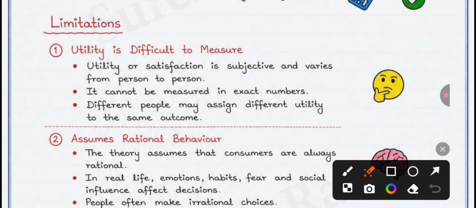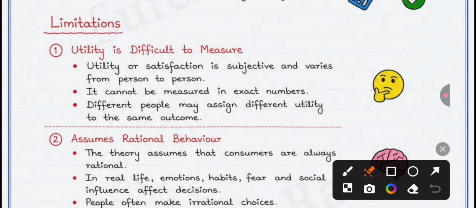Different people may get different levels of satisfaction from the same outcome. For example, winning 1000 rupees may make one person very happy, while another person may feel only slightly satisfied. Therefore, utility cannot be measured exactly.